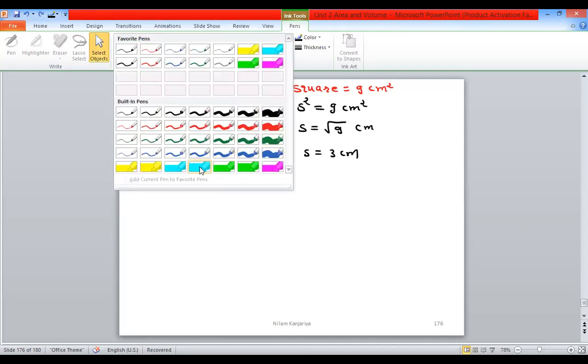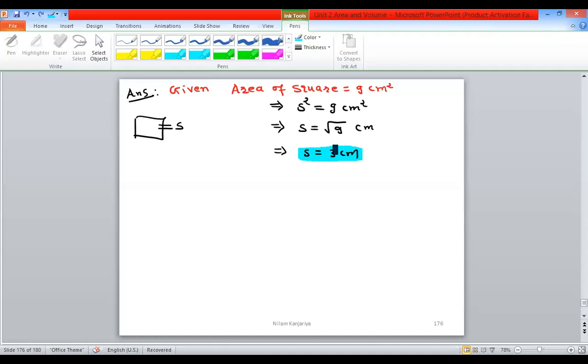This is your length of side for the square. Okay, now I convert the square into the cube. This is your cube, and cube is a sum of 6 faces of square. So look here, I have S, and you know now S is 3 centimeters.